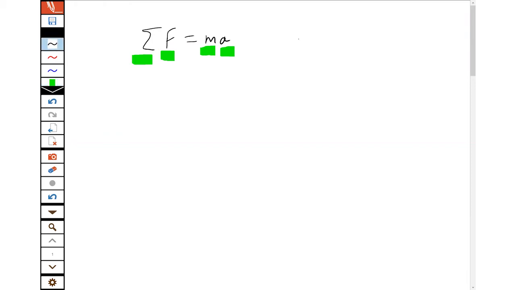Now, once we've got an equation, we'll want to look at the terms. Force is a vector, which means it's got a size and a direction, and it's measured in newtons, or N. And in an equation like this, we'll often break things up into x and y. We remember how to do that.